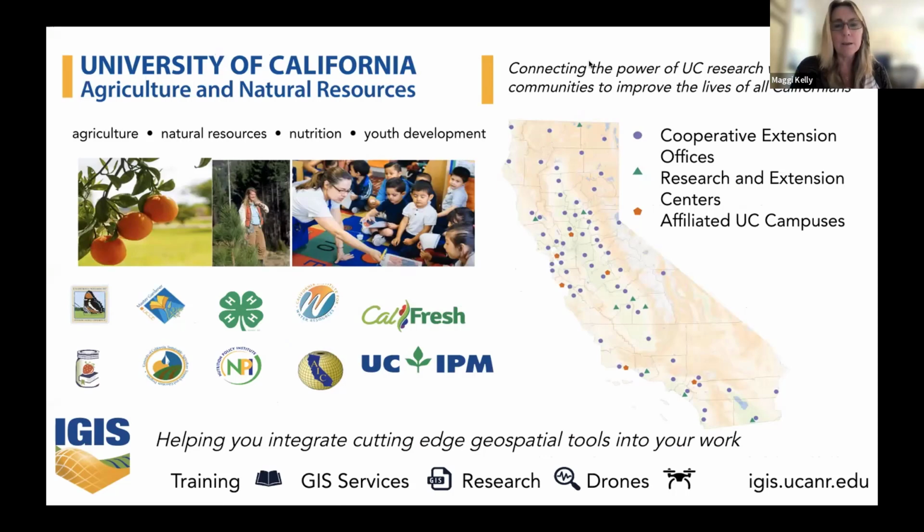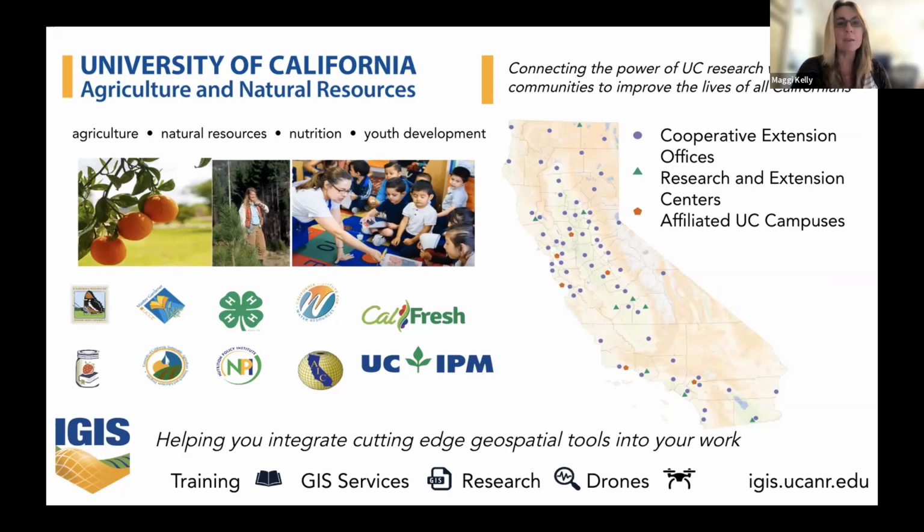We are the Informatics and GIS program, IGIS, and we're part of the University of California Division of Agriculture and Natural Resources. And UCANR, if you're not familiar with us, we are a network of people throughout California in cooperative extension offices, in research and extension centers, and on UC campuses.